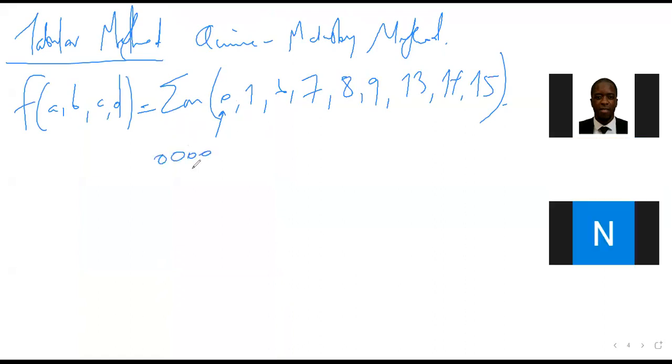That is our first min term. And for the one, we have 0, 0, 0, 1. And for the rest, you do the math. Those are our min terms. You identify your min terms. We just identified them.